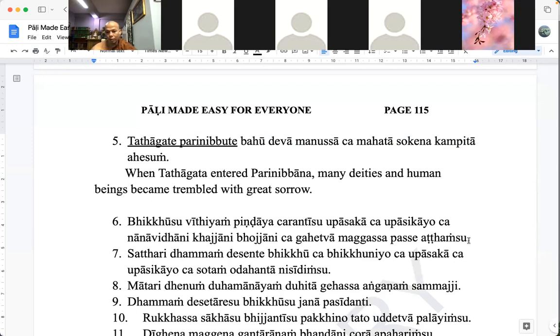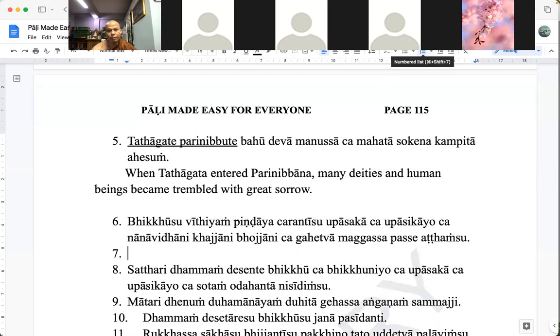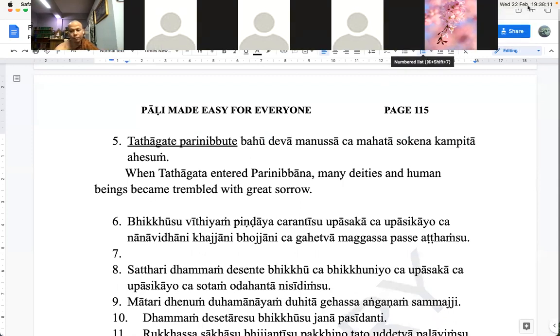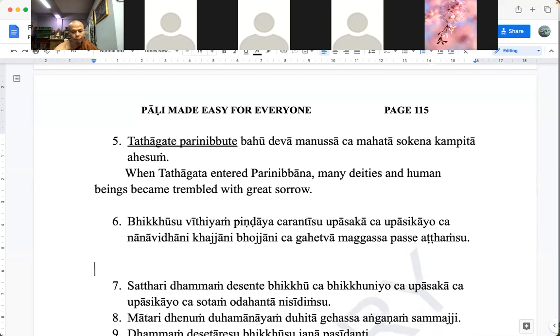And then now, number 6. Bhikkhusu vitiyan vedaya jarandisu ubasakaja ubasikayoja nana vidani kajani bujani ja kahitawa so megasa basi attans.